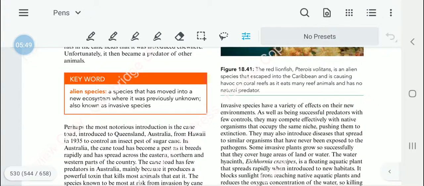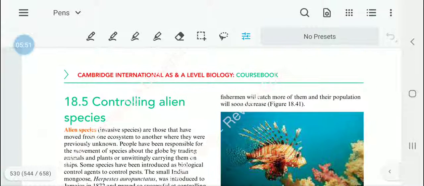Write down a note. Controlling of alien species is a very important thing that needs to be carried out to make sure that the original inhabitants or native species of plants and animals can survive.